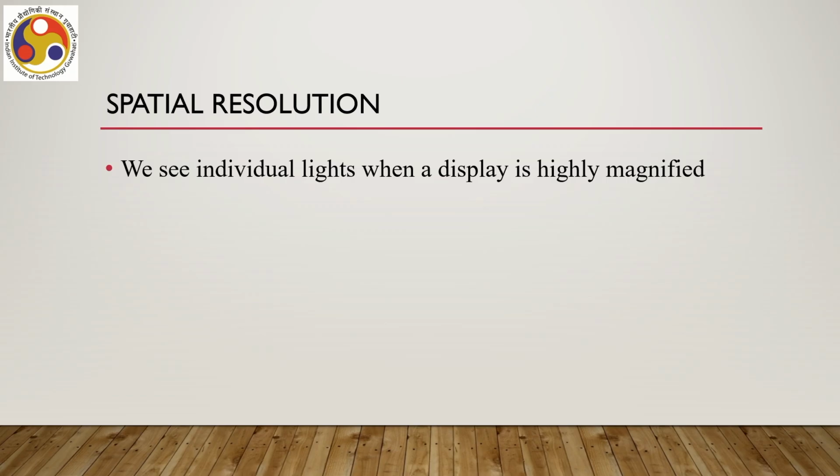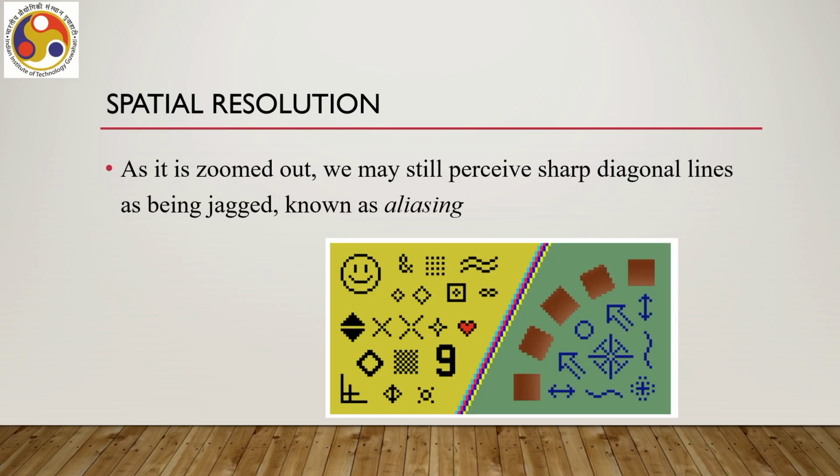Let us try to understand spatial resolution, what studies tell us and how it can be useful. We see individual lights when a display is highly magnified. As it is zoomed out, we may still perceive a sharp diagonal line as being jagged, known as aliasing.